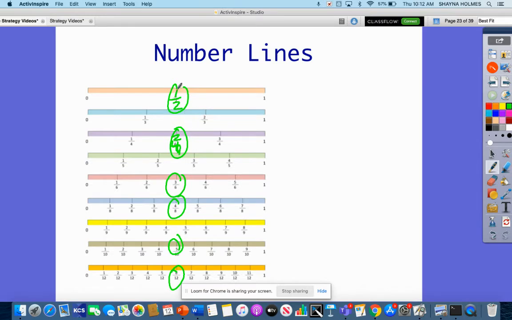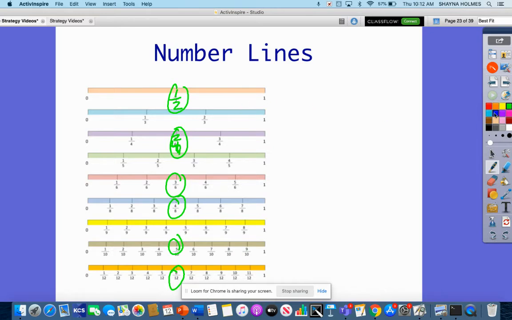They all represent a half. So even if I look at 5/10, 5 out of 10, that is equal or equivalent to 1/2. And that's how it would be written.